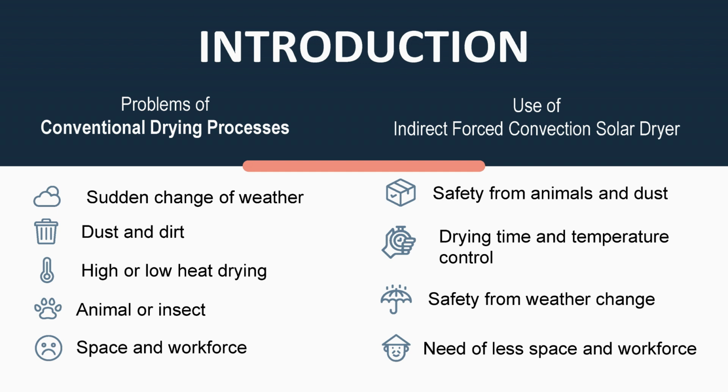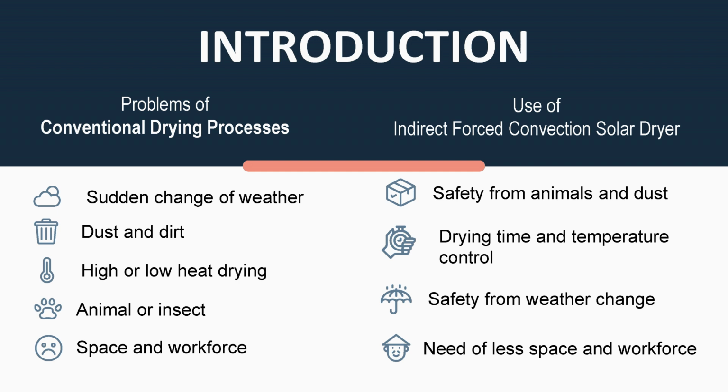So to eliminate these problems, an indirect forced convection solar dryer can be used. So why have we chosen the indirect forced convection solar dryer? There is a drying chamber which is used to dry the product so that it is safe from animals, insects, and weather change, and also from the dirt and dust outside.